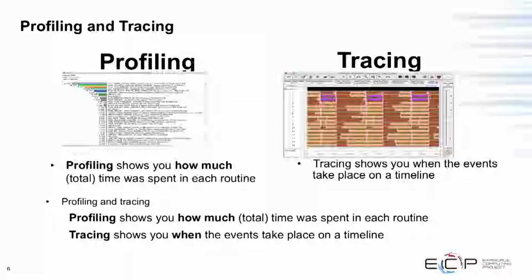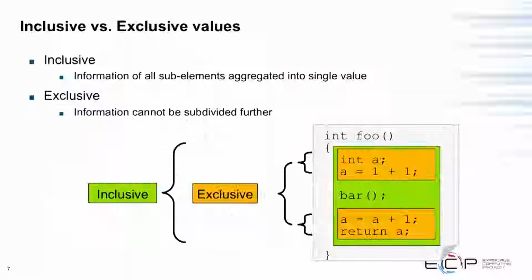So if a function foo is called 100 times, in a profile you just see the total sum of the time spent in foo across all 100 invocations, whereas in traces, it will create a start and stop time for each of those 100 invocations. So the size of the trace can increase as you call the event frequently and as you increase the number of processors and the time for execution.